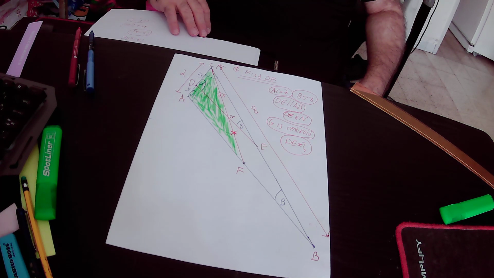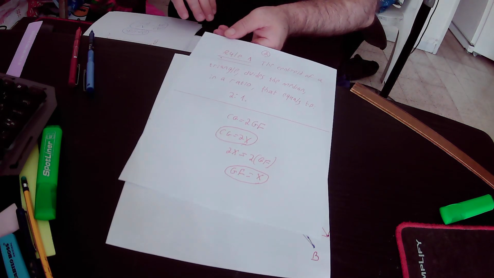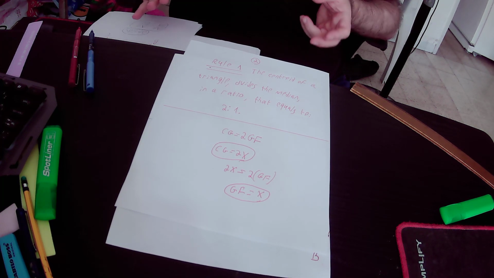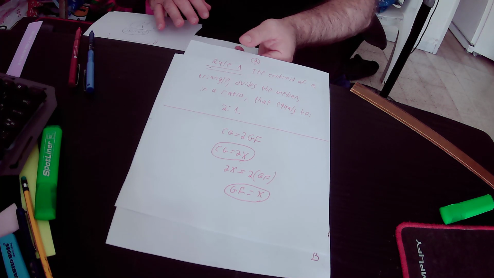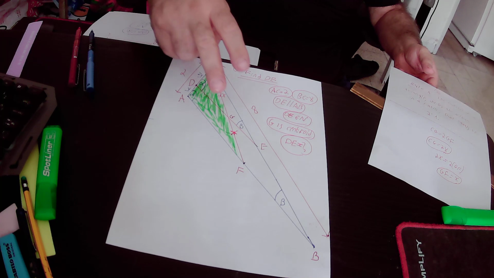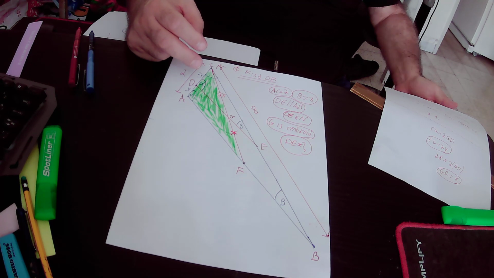Okay, and we actually have a rule that relates to the centroid of any triangle. The rule states that the centroid of a triangle divides the median in a ratio of 2 to 1. We know that CF is the median of triangle ABC. Why is CF the median of triangle ABC?